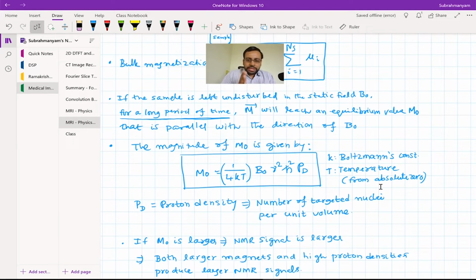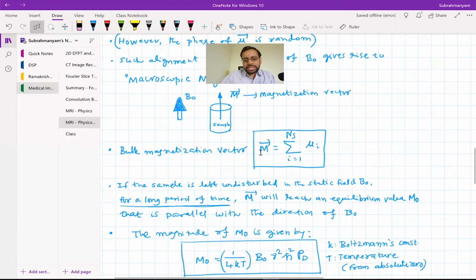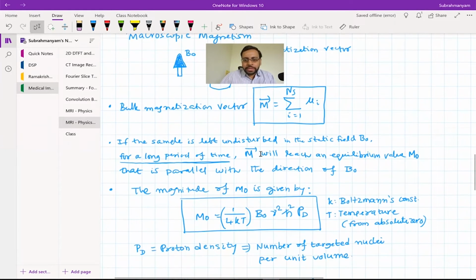Then you could observe that this M naught, the magnetic field you are going to get out of that sample, is proportional to the applied external magnetic field B naught. So the more the applied magnetic field, the larger this M value, and vice versa.